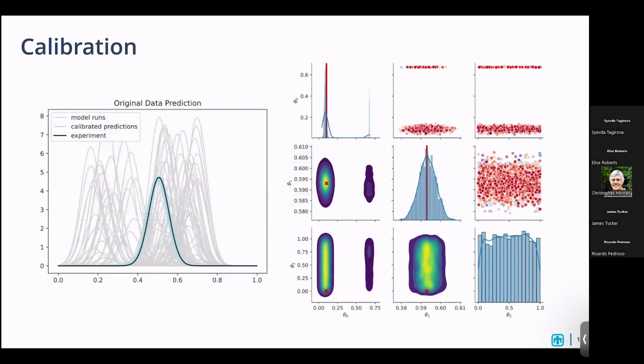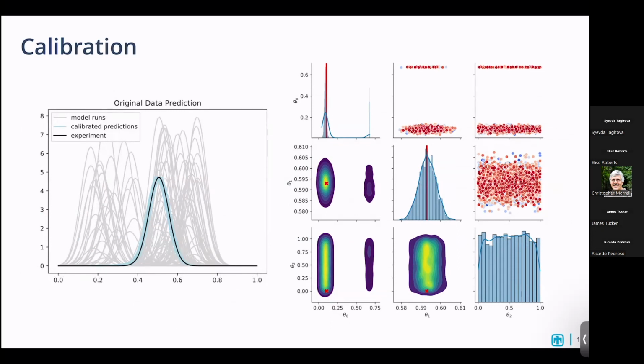We can then take those posterior draws from the warping functions and the aligned functions and put things back in the original data space. The panel on the left here is showing those original model runs in the original data space. The black is the experiment, and the blue is those calibrated predictions or the posterior draws around the 95th percentile credible interval, excuse me.